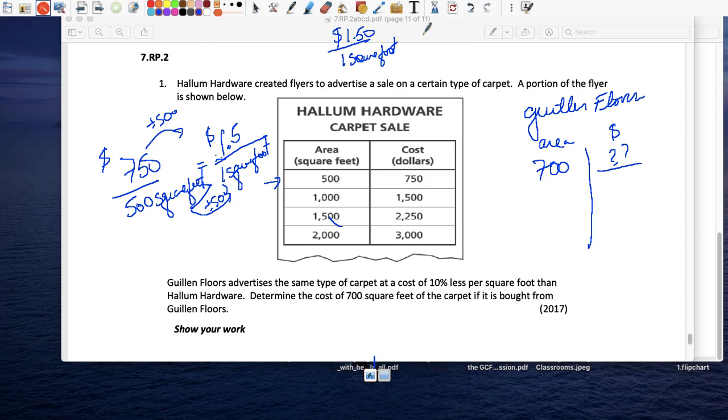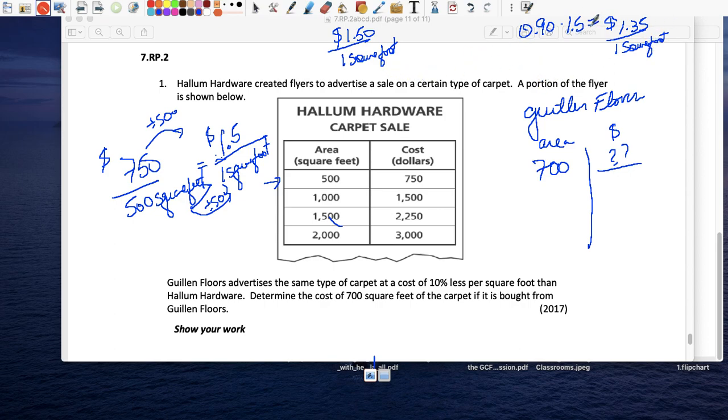Well, you can do it two ways. You can multiply it by 0.90, right? Because if you take off 10%, you're left with 0.90, and multiply that by 150. So you can do 0.90 times 150. Right? So if you multiply 0.9 times 150, it means that in this other store, every foot is $1.35 for 1 square foot.